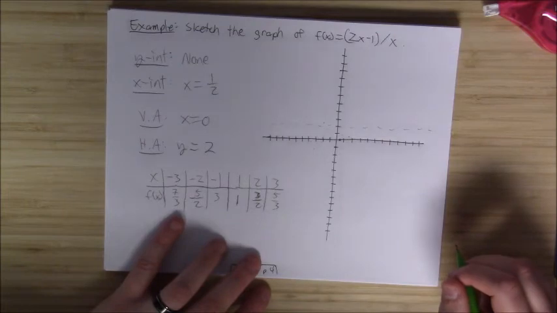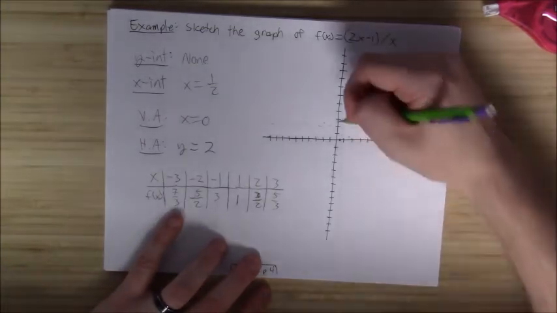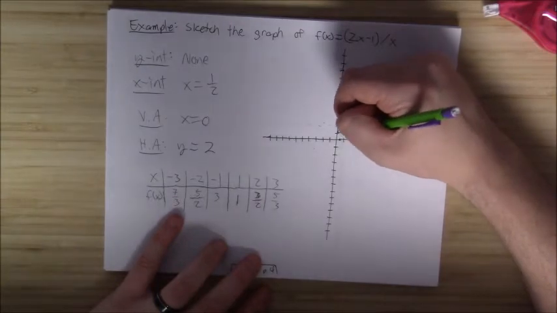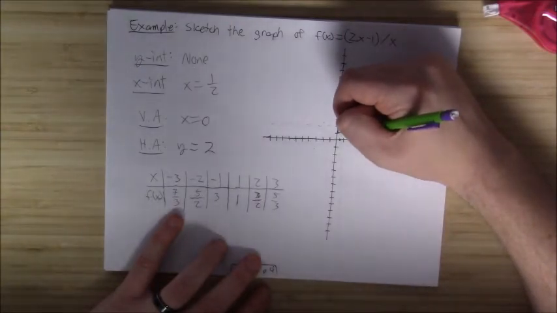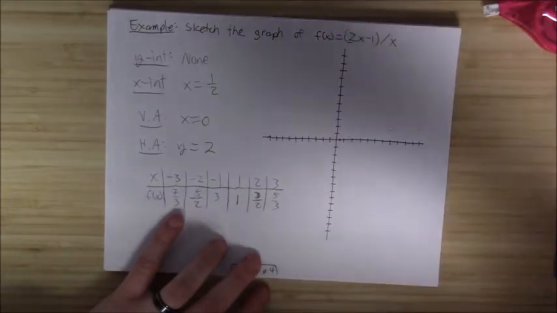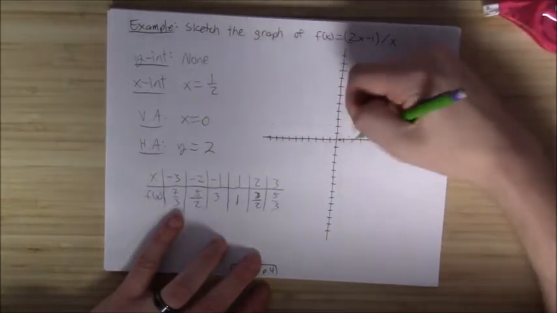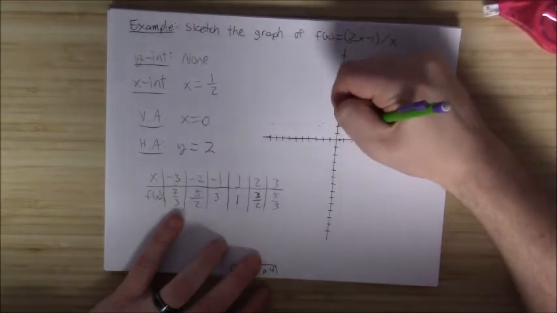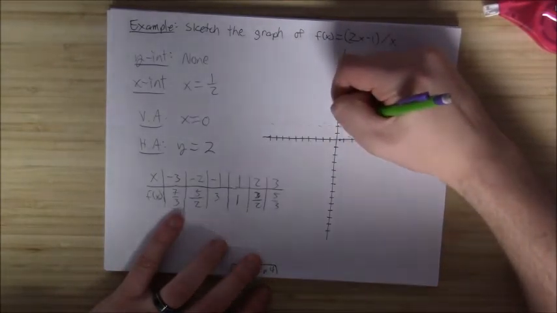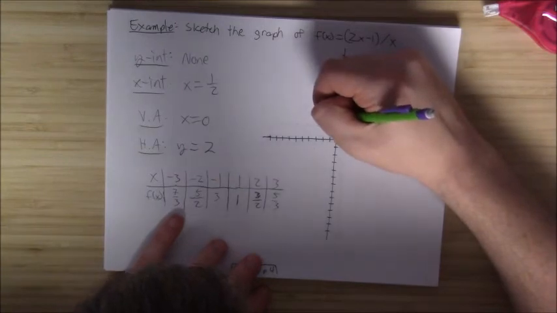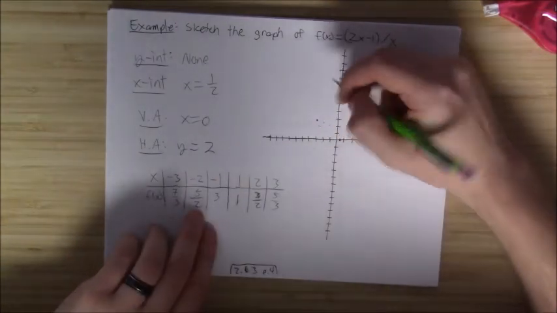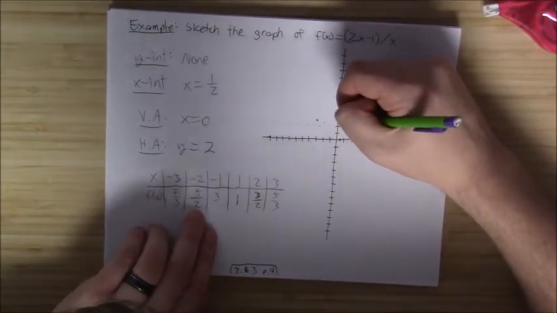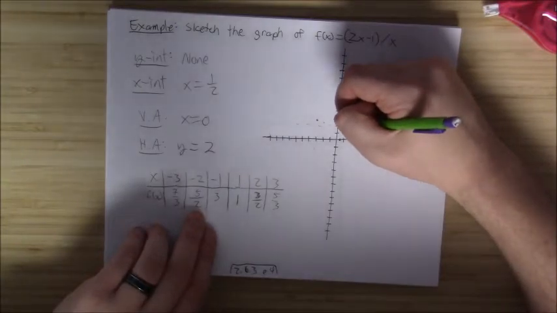Graphing all of those gives 7/3, which is where? That's 2 and 1/3, at -3. And 5/2 is 2.5.